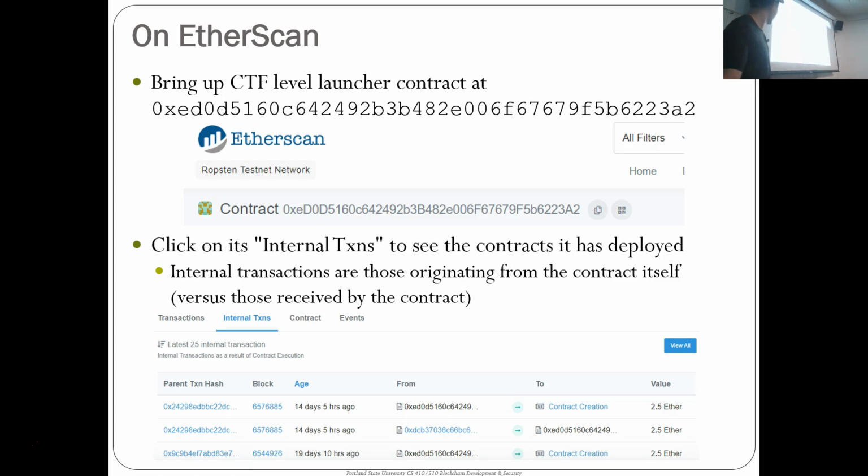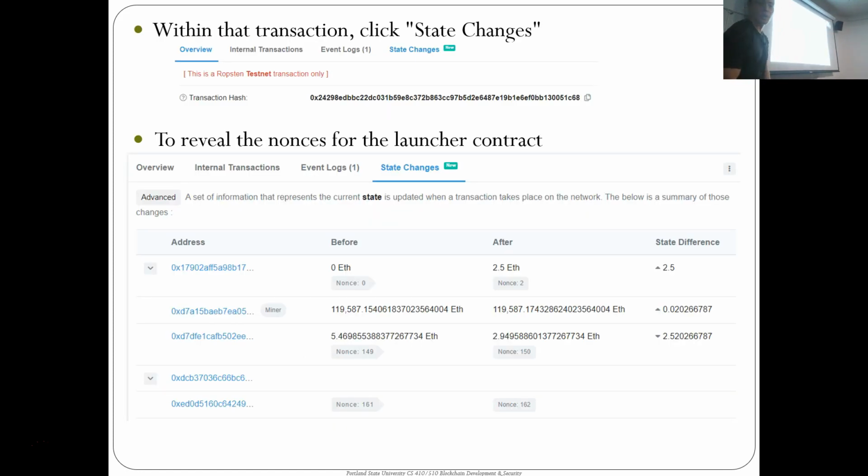And then what you want to do is click on the last transaction, because the last transaction shows you the current nonce, or you can get the current nonce of this particular contract by clicking this transaction hash, which is what we'll do.